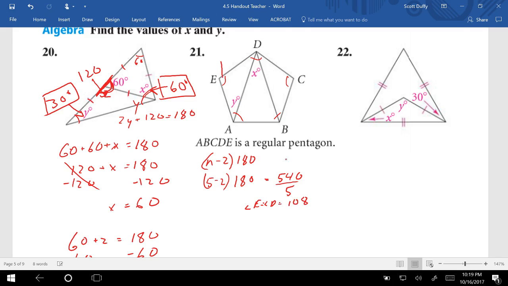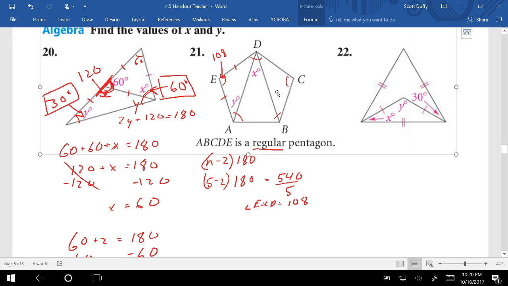So right here, I can say that's 108. Also, if this is a regular pentagon, each of the sides are equal, which makes this triangle AED an isosceles. Meaning that if this angle is y, then this angle is also y.